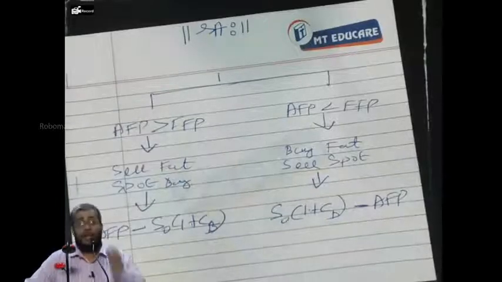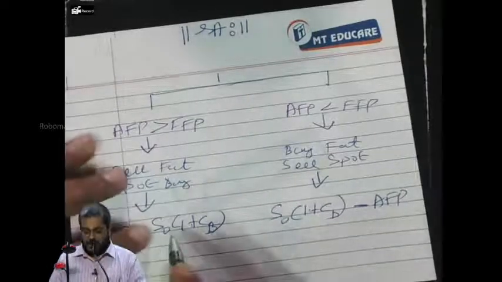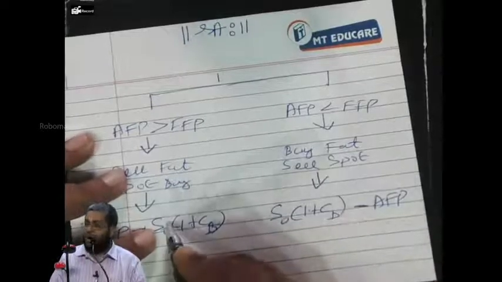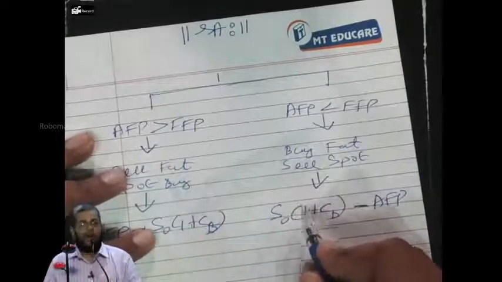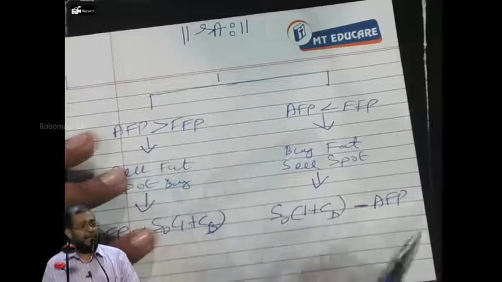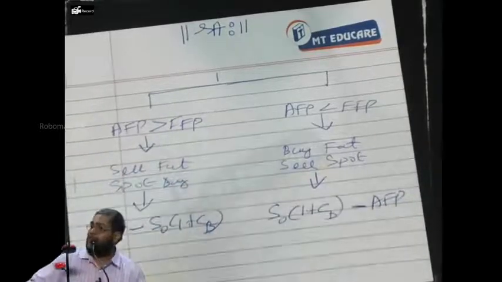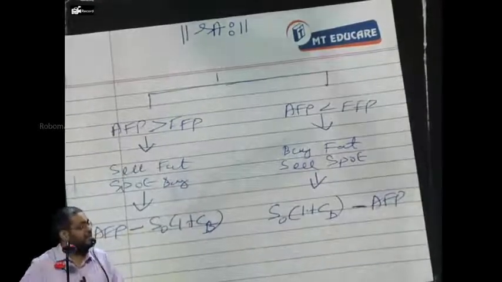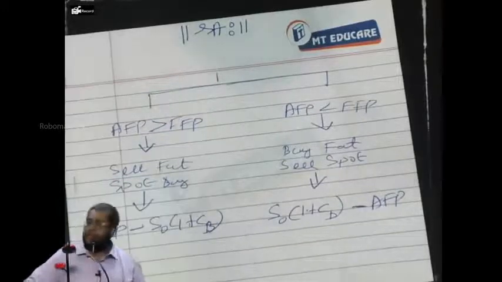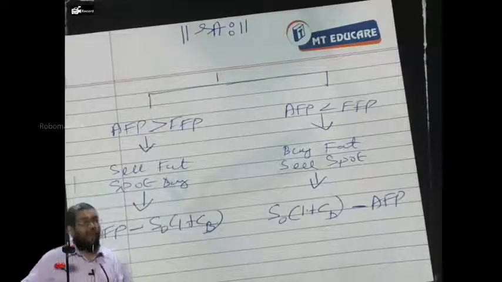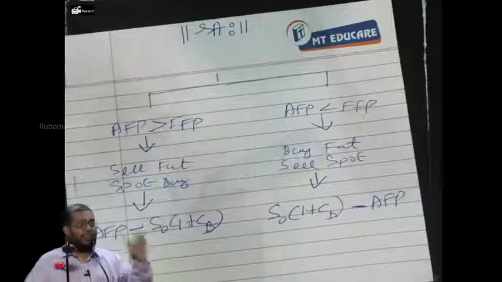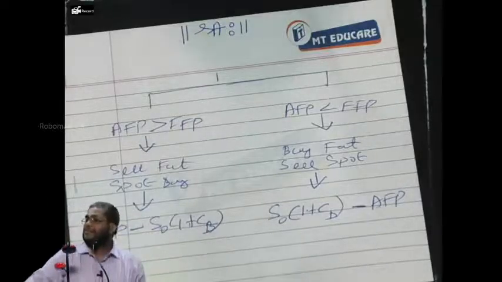Yes or no? When the market is imperfect, when you buy the share at spot, or when you sell the share at spot, the person who is doing the buying and selling for me will charge some brokerage. Yes or no? I'm going to have a transaction cost later. Now, in an imperfect market, when I short sell, the broker is at risk.